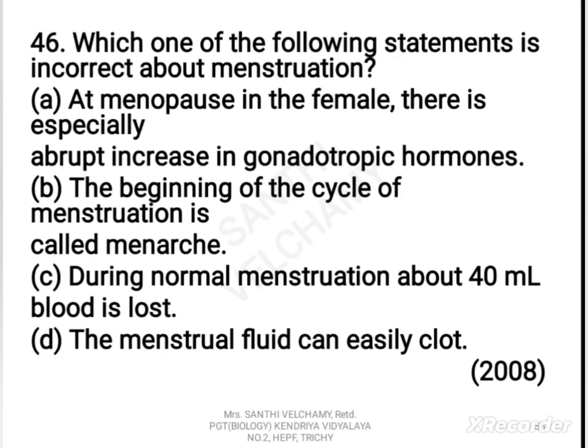C. During normal menstruation, about 40 ml of blood is lost. D. Menstrual fluid can easily clot. The correct answer is D. Menstrual fluid can easily clot. So that is what they have asked, it is incorrect about menstruation.